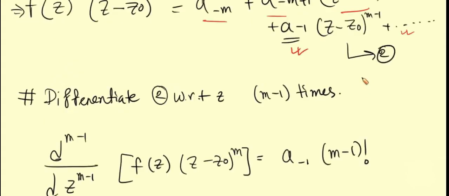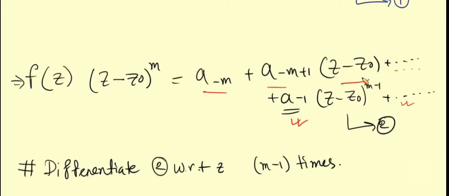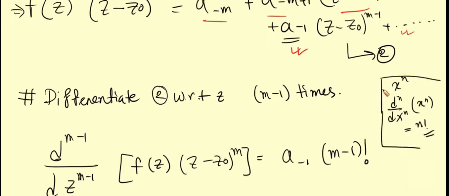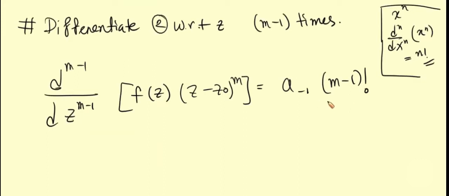This is pretty basic: if you have z to the power n and you differentiate it with respect to z n times, this just gives you n factorial. This is some basic calculus that you already know. So we found out this part.